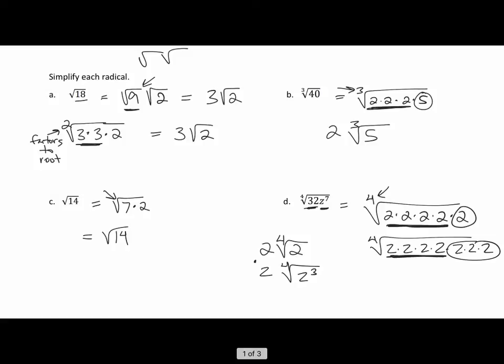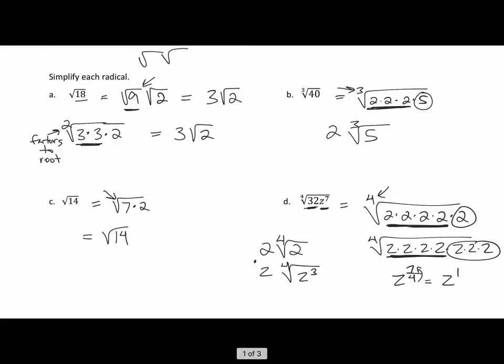For variables, it might be easier to look at this as a rational exponent. So z to the 7 over the index of 4. And then simplify that by turning it into a whole number part and the remainder fraction part. So 4 goes into 7 one whole time, right?